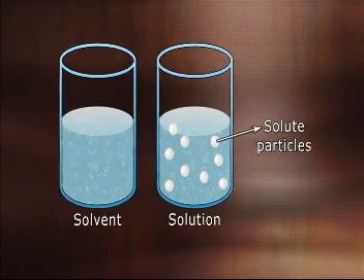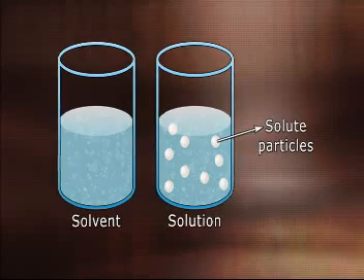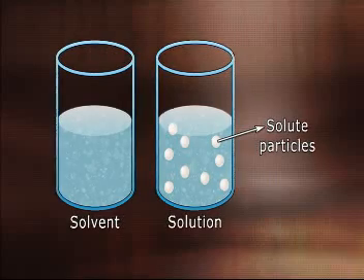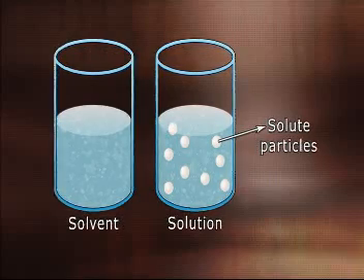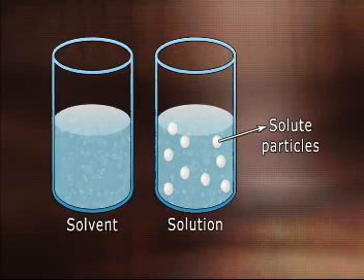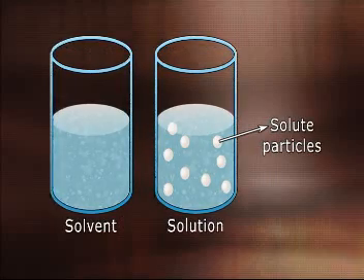Fewer solvent molecules are available on the surface, and thus fewer are exposed to atmosphere in the presence of solute molecules. Therefore, this type of solution has to be heated to a higher temperature than the pure solvent in order for its vapor pressure to be equal to the atmospheric pressure.